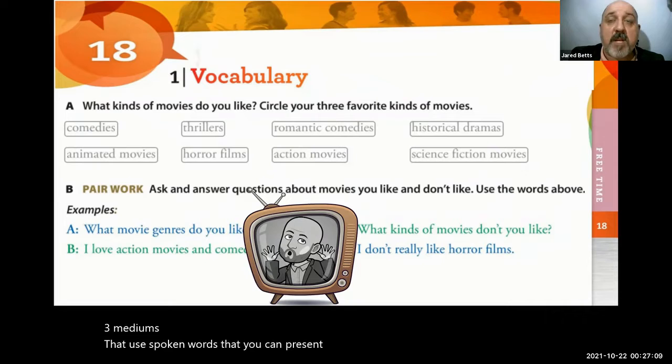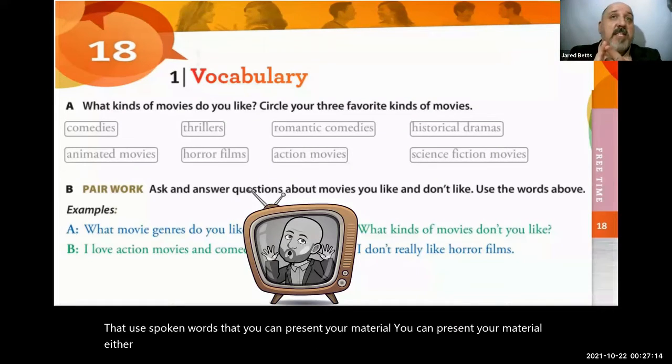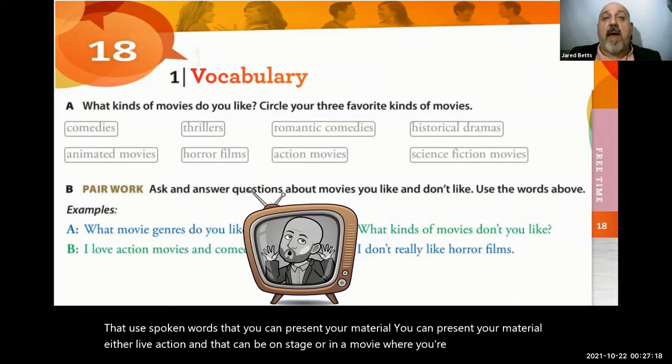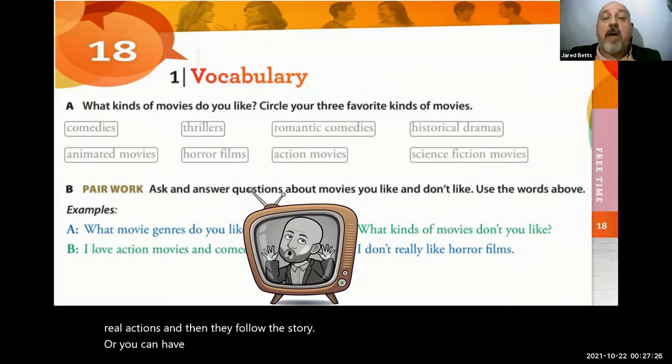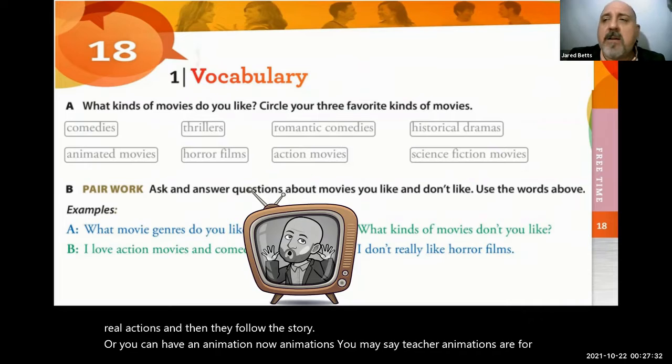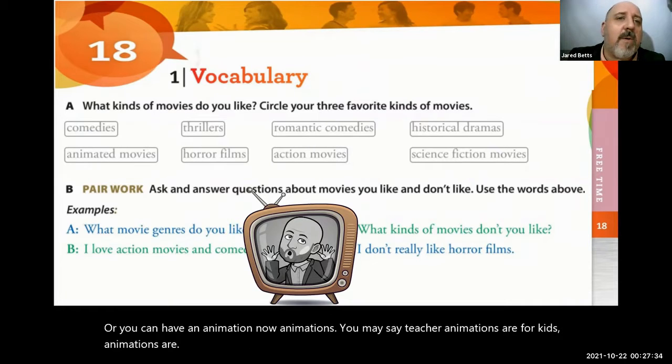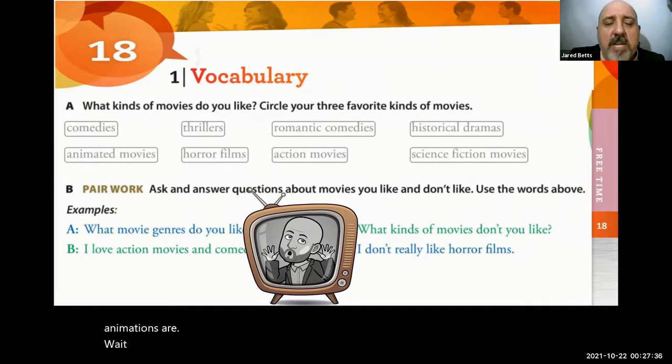You can present your material either live action, and that can be on stage, or in a movie where you're using real people doing real actions and then they follow the story. Or you can have an animation. Now, animations, you may say, oh, teacher, animations are for kids. Animations are, okay, wait. Are you telling me that animations are not just for kids?